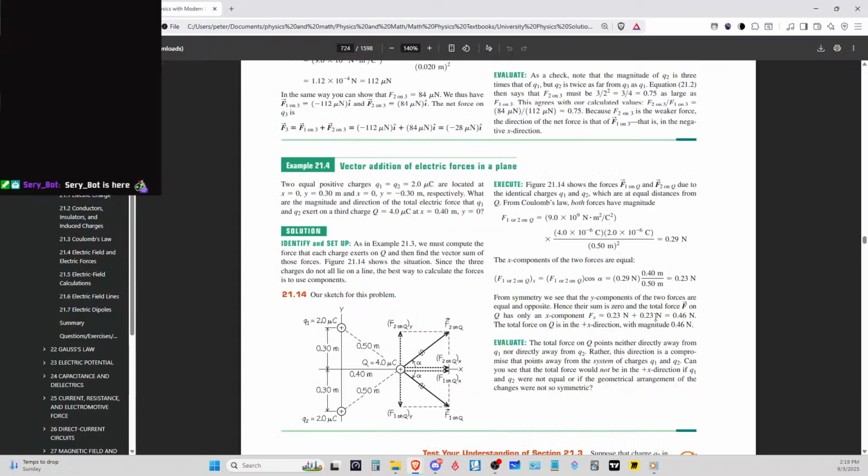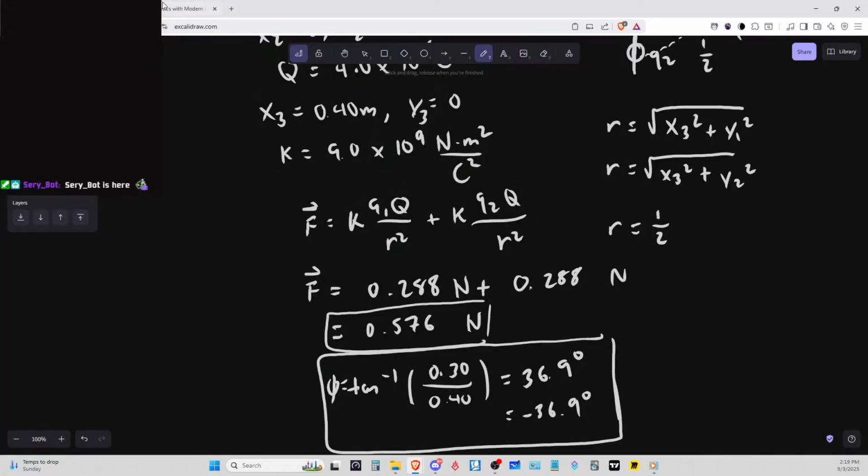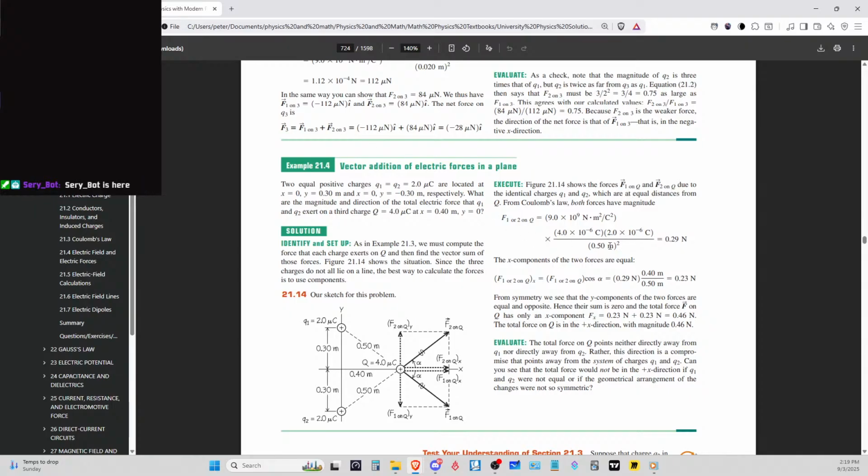Let's see. For the symmetry, we see that the two forces have equal X components.